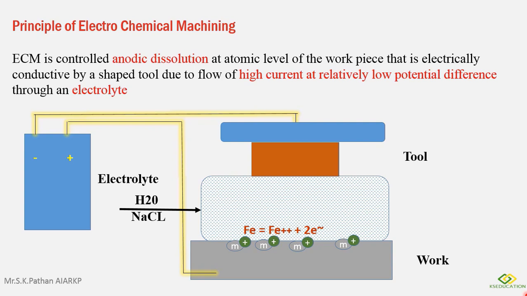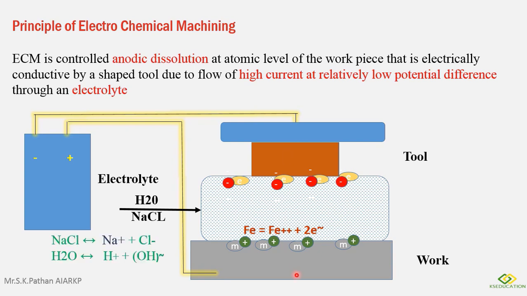Because of the strong electric current in between this tool and work, the iron separates into iron ions and electrons, and similarly the tool liberates negative ions, which are generally electrons.